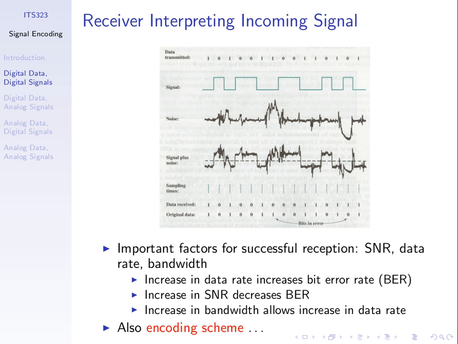What we're saying here is that an increase in the signal to noise ratio decreases the errors. So remember, signal to noise ratio is signal divided by noise.